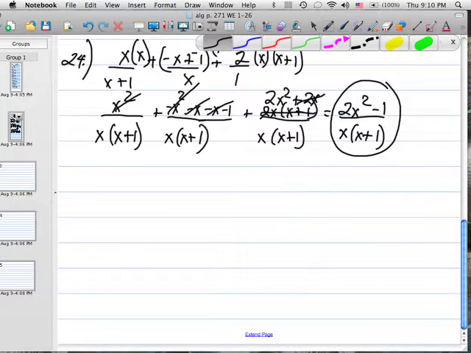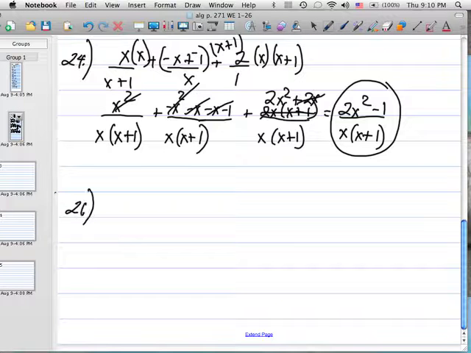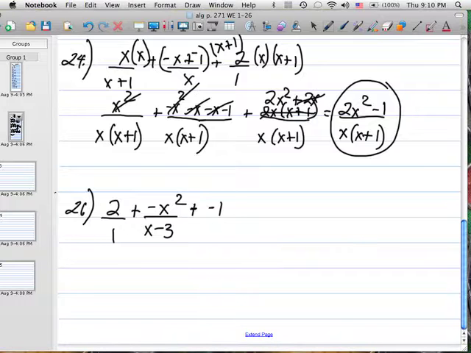And the last problem, number 26. We have 2, which we'll put over 1, minus x squared, which will change to plus and negative x squared over x minus 3, minus 1, which will change to plus and negative 1 over x plus 3.